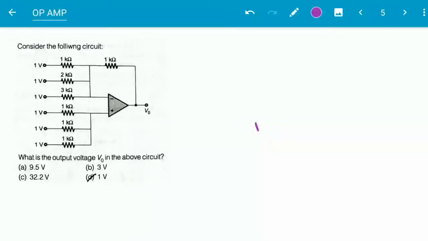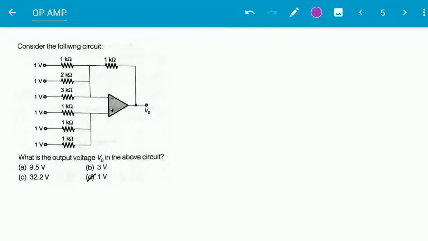But I want to say here that we don't need to memorize any of those formulas. We only have to memorize formulas like CMRR and others. But in case of circuit solving, we need not memorize any type of formula.